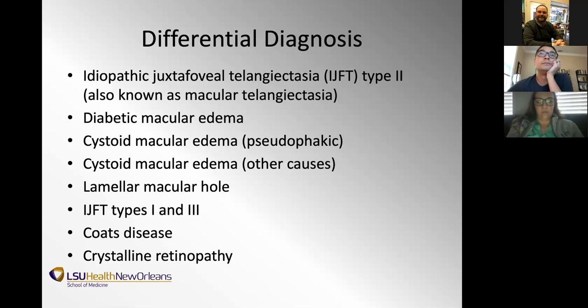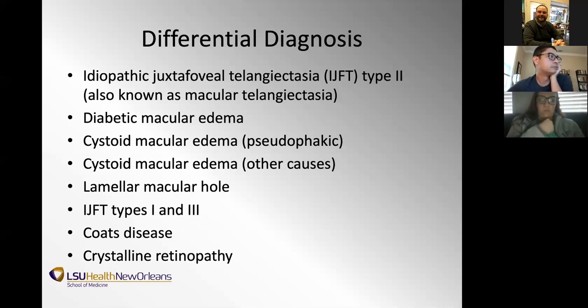When you see intraretinal cavitation, it can actually look like a lamellar macular hole as well. Coats disease, and so you mentioned that. And then idiopathic juxtafoveal telangiectasia can also present with crystalline deposits, and that can look like crystalline retinopathy as well. So those are some differentials that you can think about.